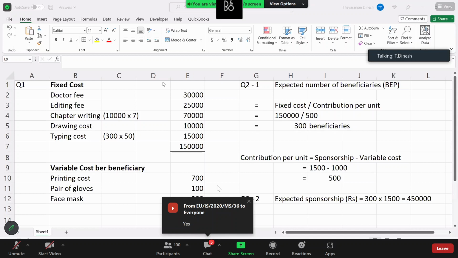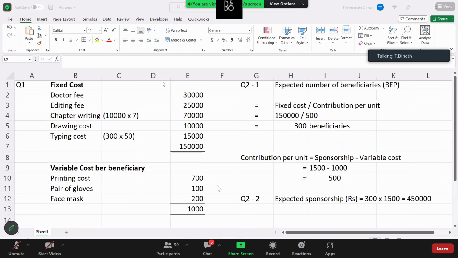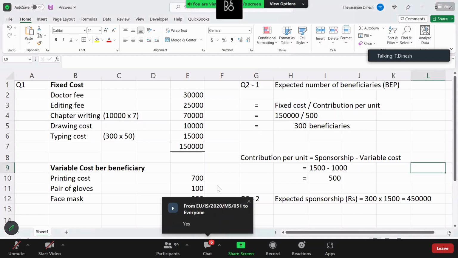Okay. So as most of you have understood, I am going to question number 3.